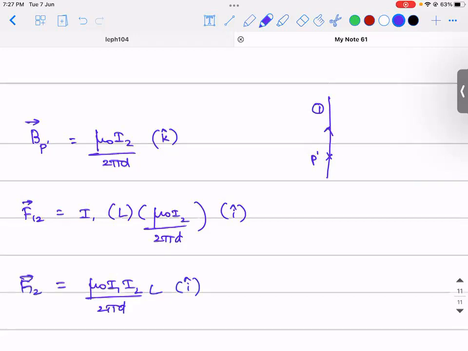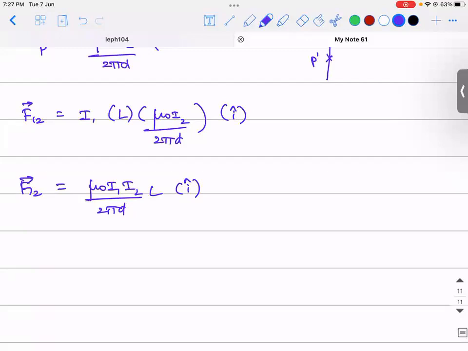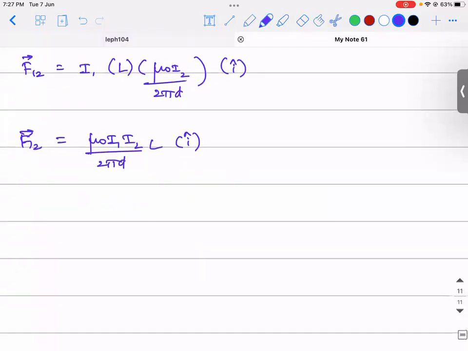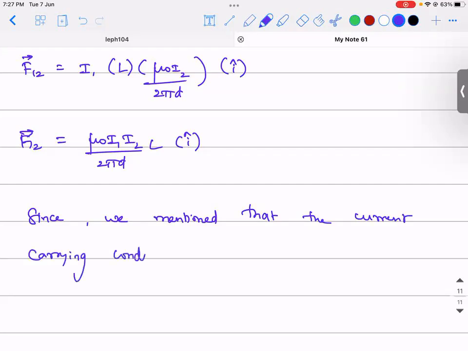This is F12 vector. So if you observe, in the case of F21 vector and F12 vector, they both are having the same magnitude, but the directions are different. And one more thing is, since we mentioned that the current carrying conductors are long in nature, what can we conclude?